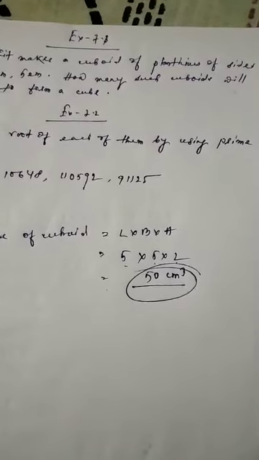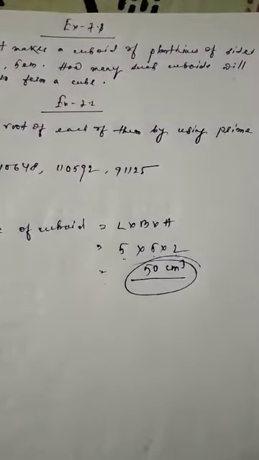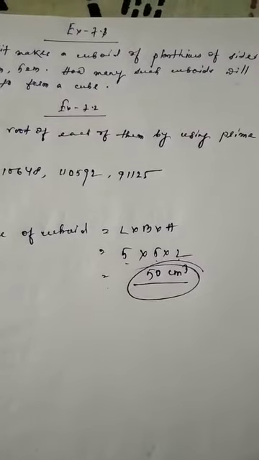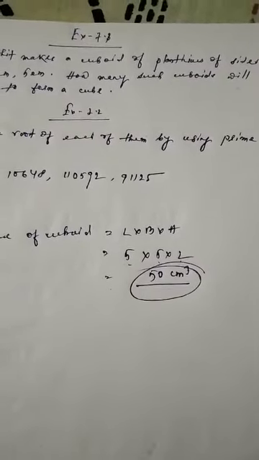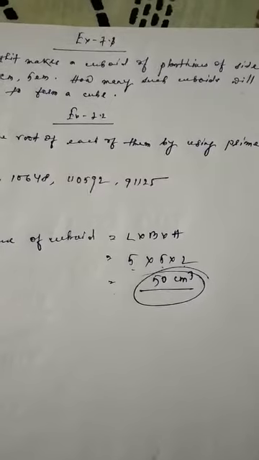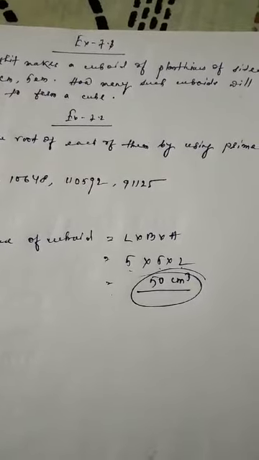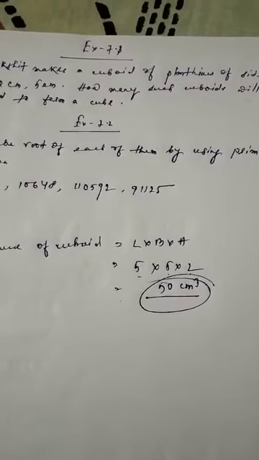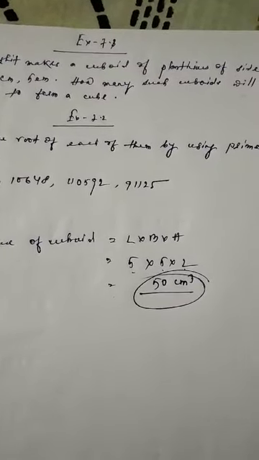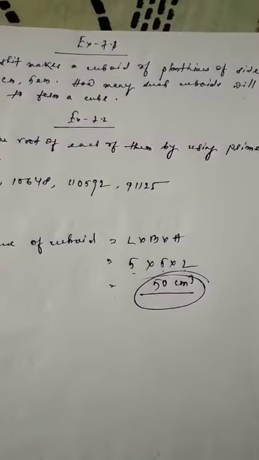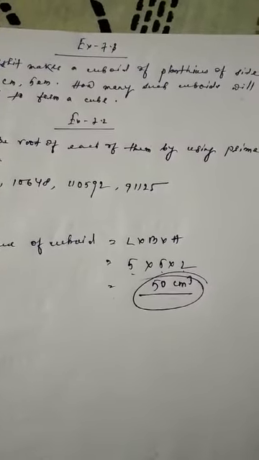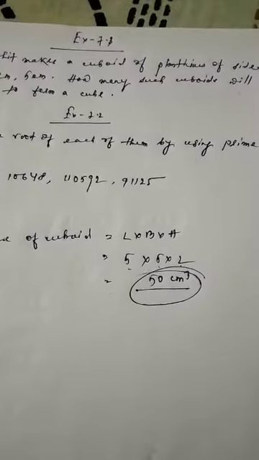The word perfect cube itself gives the concept of this question. 50 is not a perfect cube number, so some numbers are to be multiplied with 50 in order to make 50 a perfect cube.